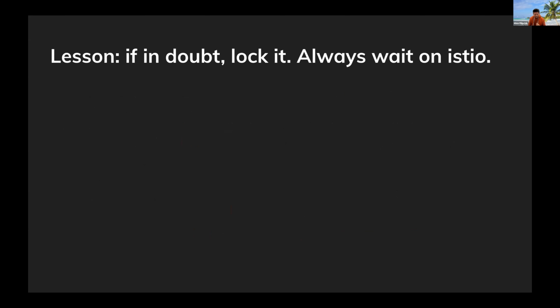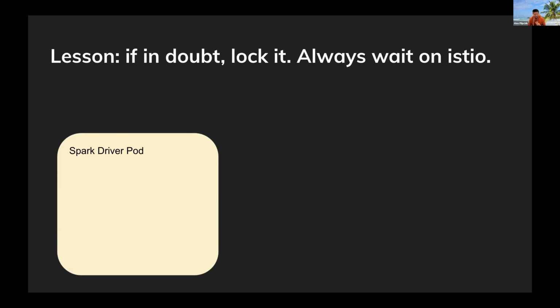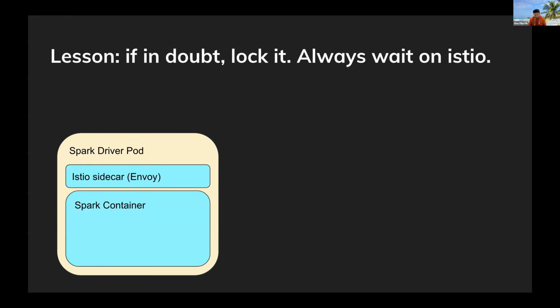So how did we mitigate it? We use two things. We have a simple application which we deploy on Kubernetes. It wraps a Spark process, and it's responsible for two things. First, it guarantees that when the Spark application needs network, it's actually available, so the Istio sidecar Envoy is up and running.